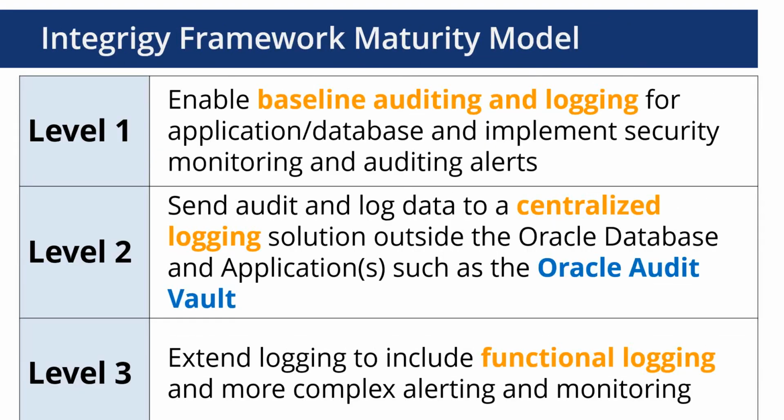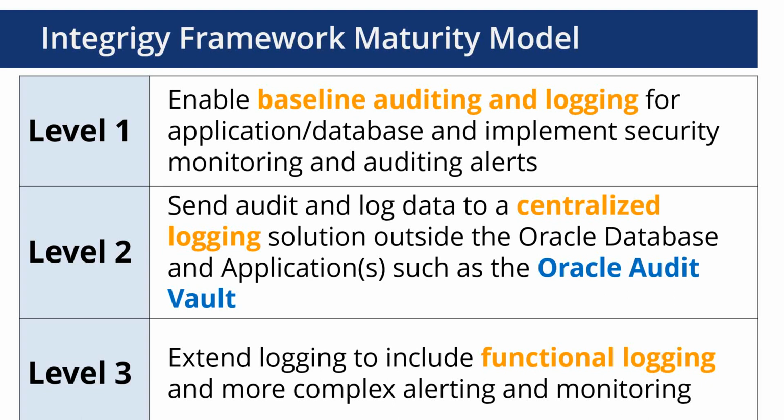So we have this common harmonized event framework, and now we're thinking about, well, how do you get going? So we're thinking about three levels of maturity. If you already have auditing set up, and maybe you're thinking about the Oracle Audit Vault, you're probably qualifying for somewhere in and around a level 2, because level 1 is just enabling the baseline auditing.